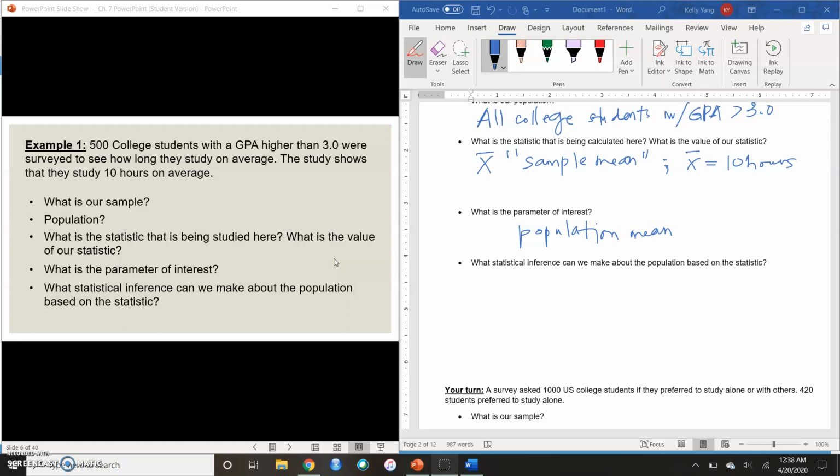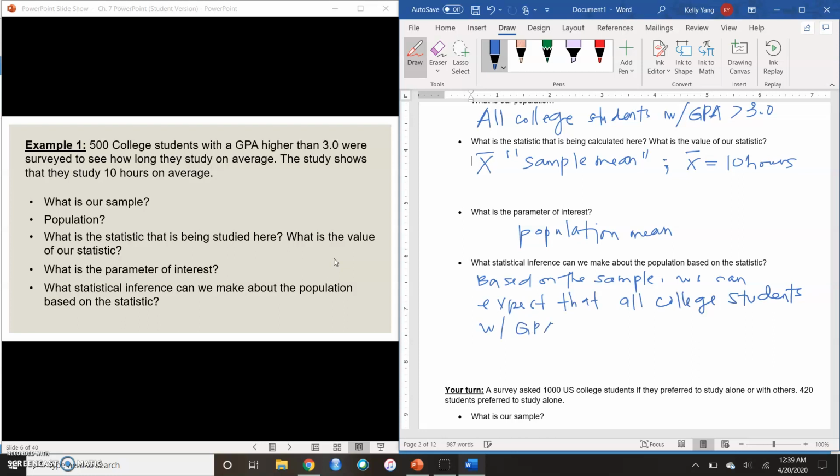A conclusion we would make is that based on the sample, we can expect that all college students with a GPA higher than 3.0 study 10 hours on average too.